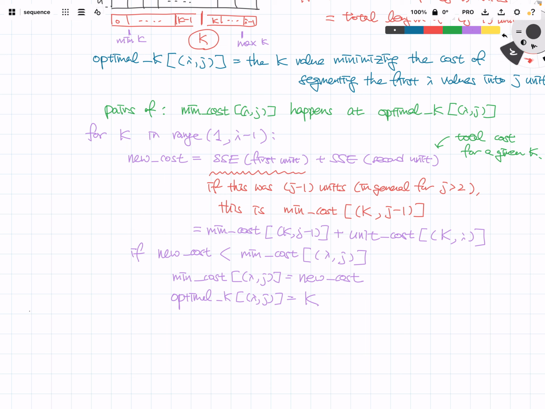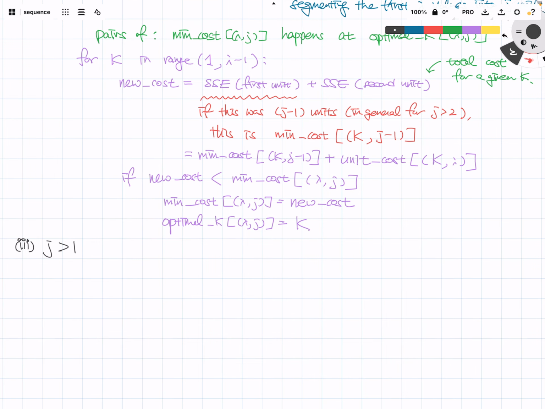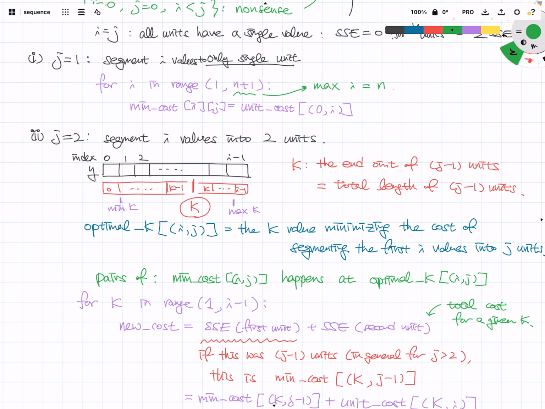I hope it makes sense. So in general, when j is larger than 1, including 2, we can write down for j in range from 2 to n, so n plus 1, and for a given unit number j, so unit number j is fixed now, then we can repeat, because we want to fill out this matrix, right?